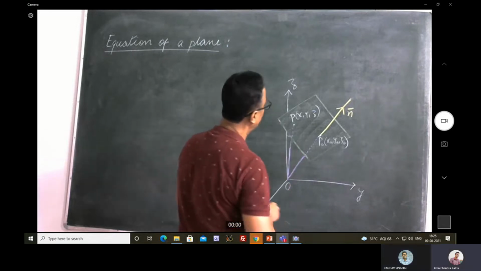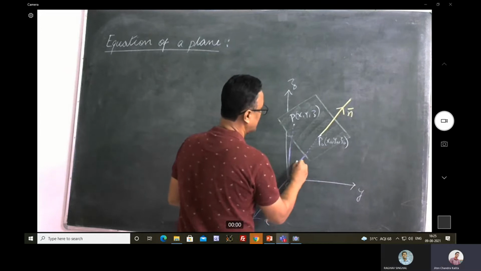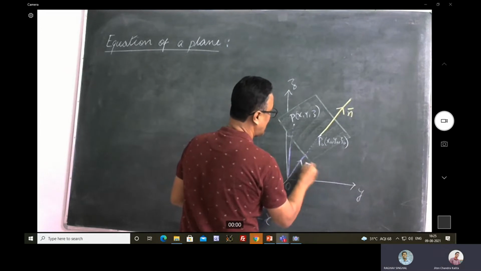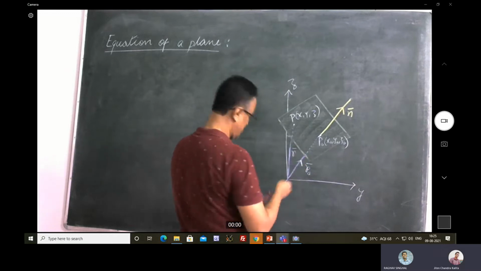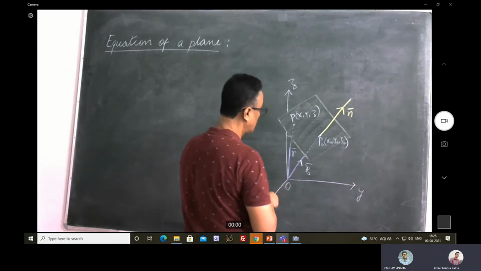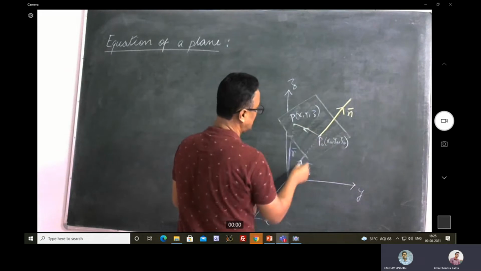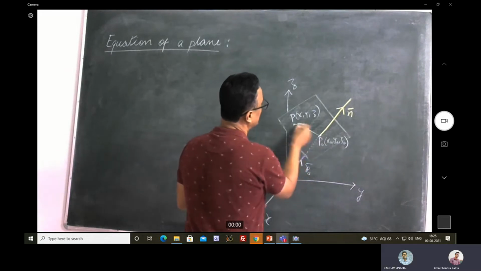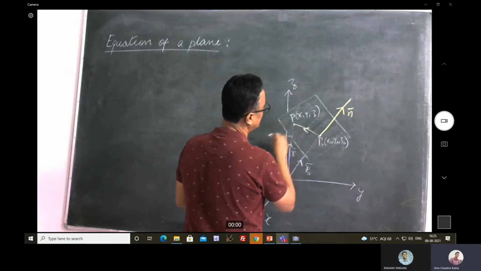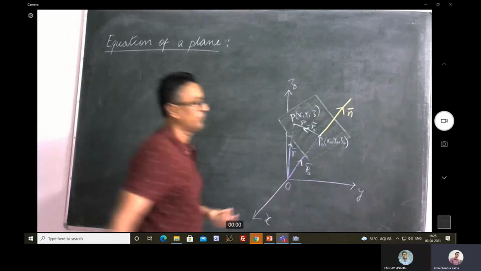Suppose this one. Okay, so if I call this r naught and this vector OP as r, then you know that this plus this is this, and so this vector is nothing but r minus r naught.